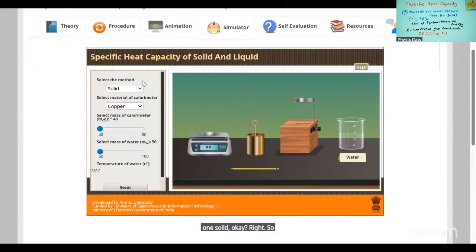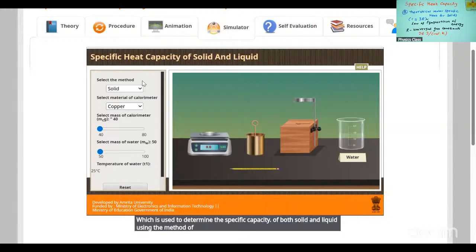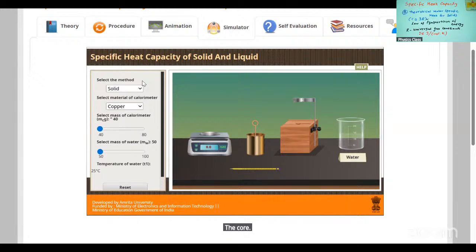This experiment is used to determine the specific heat capacity of both solid and liquid using the method of mixtures.